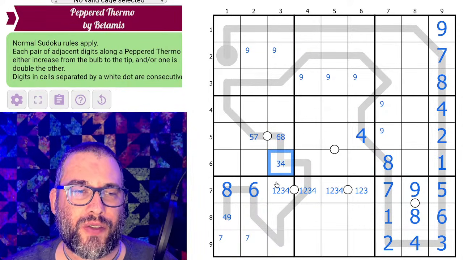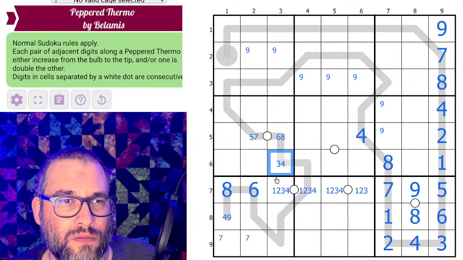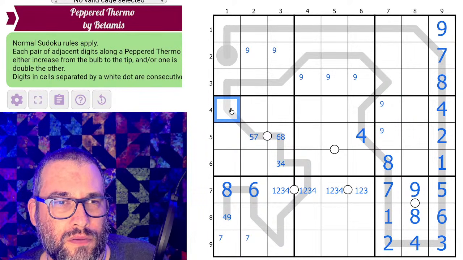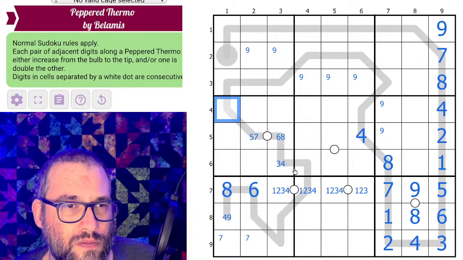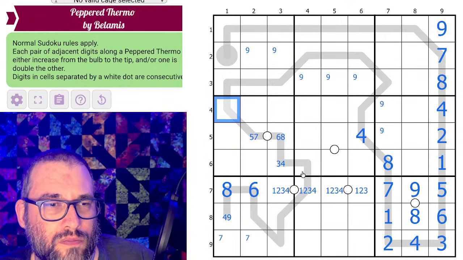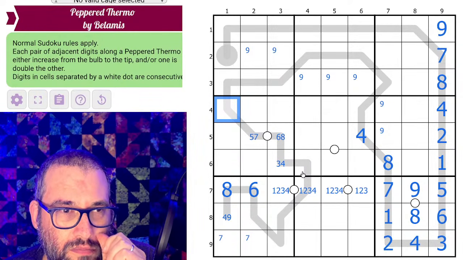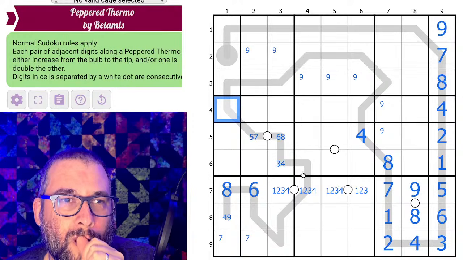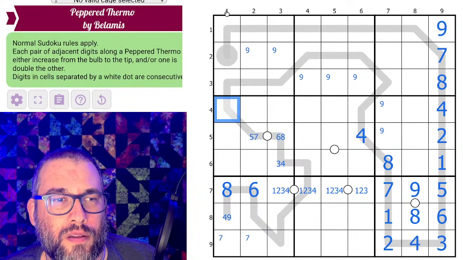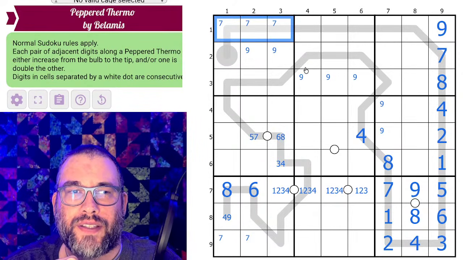I guess we can say that this is a 3 or a 4. That's true. I like that there's a 7 up here.